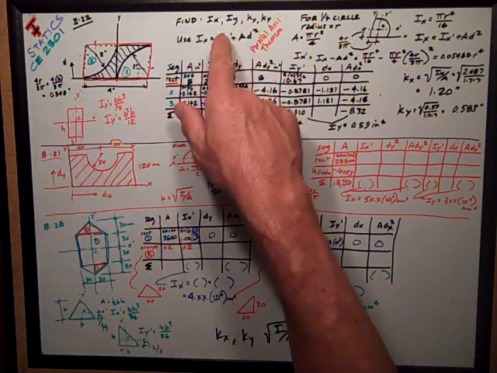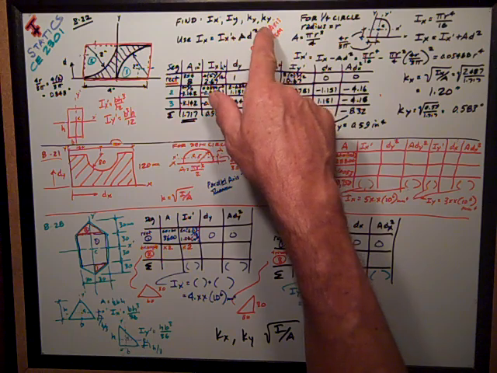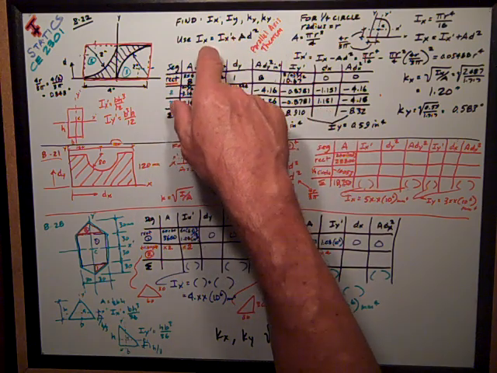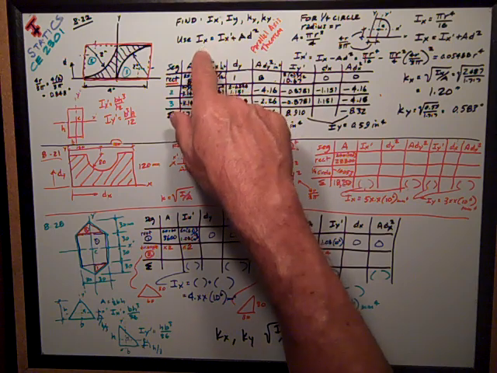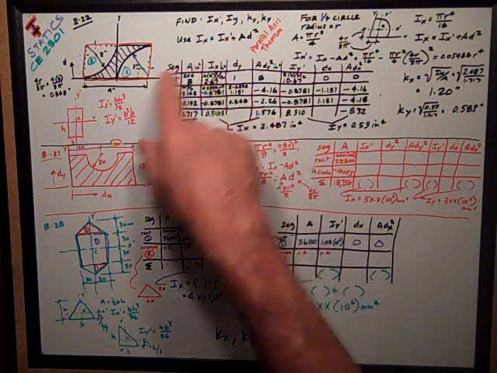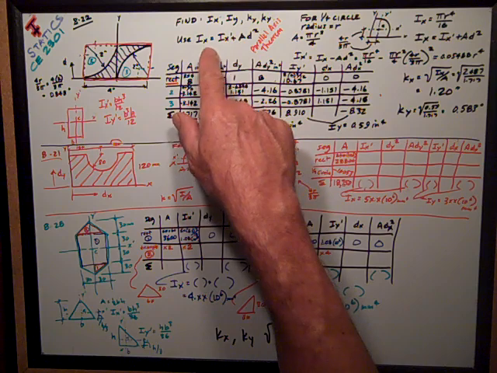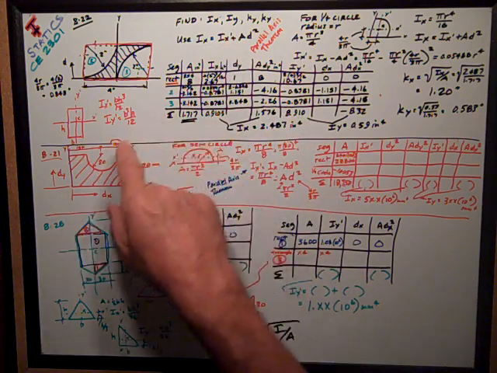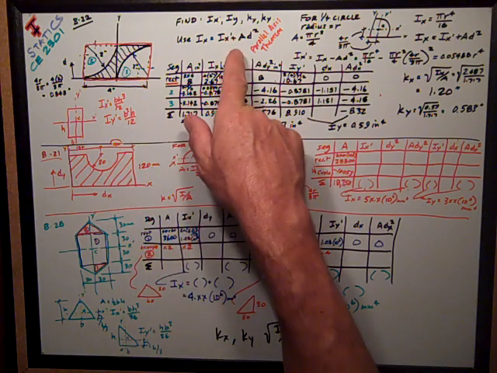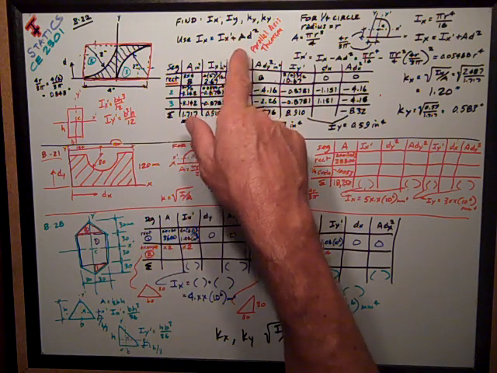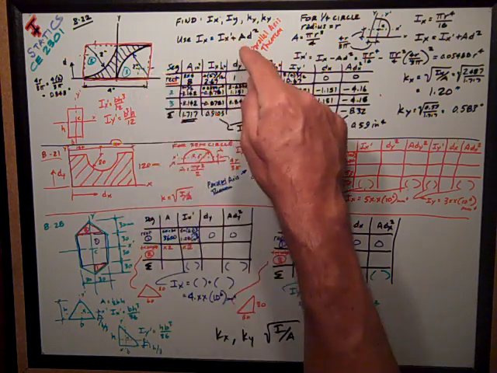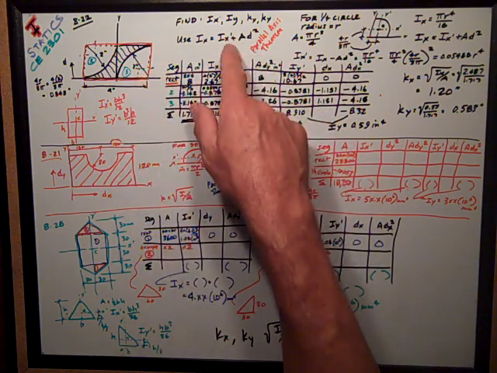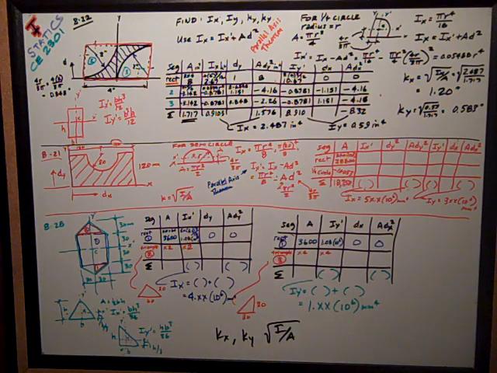Now we're supposed to find Ix, Iy, and the radius of gyration, and we want to use this parallel axis theorem, which is that the moment of inertia about some axis, x in this case, is equal to Ix prime, which is the moment of inertia about its own centroid, plus AD squared, the area times the distance from the centroid of the area to the axis that we're taking moment of inertia about.